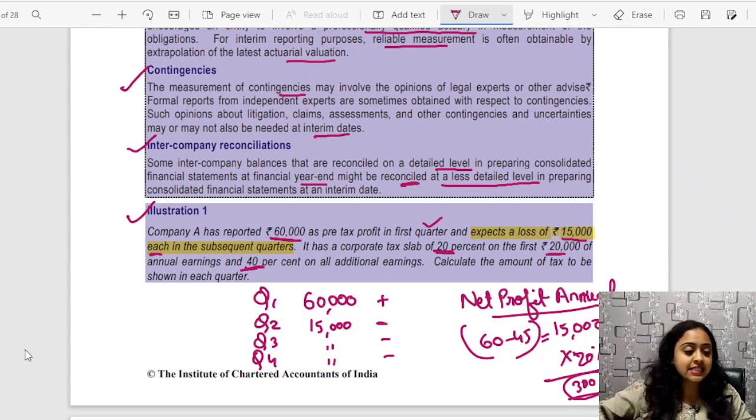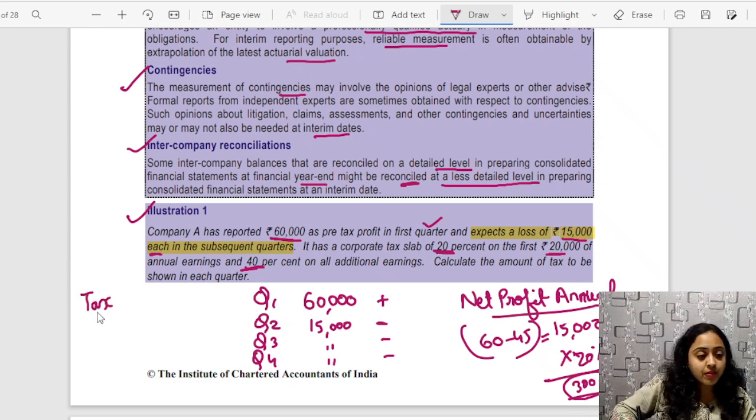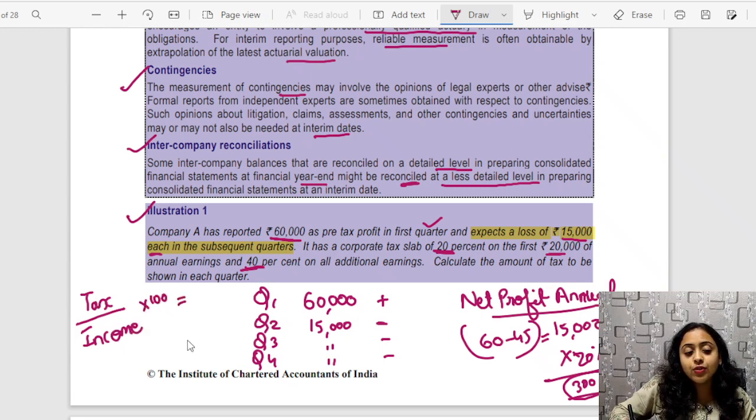The tax amount divided by the income amount, that is, annual tax divided by annual income into 100, will give you the effective rate. This effective rate is used for each quarter. And total tax outflow for the annual financial year will be rupees 3,000. You can cross-check this.